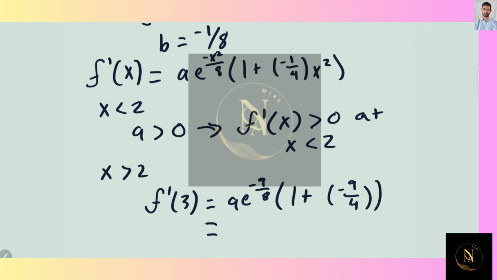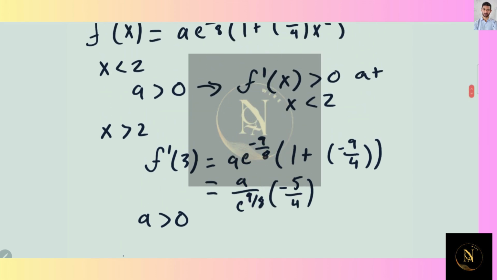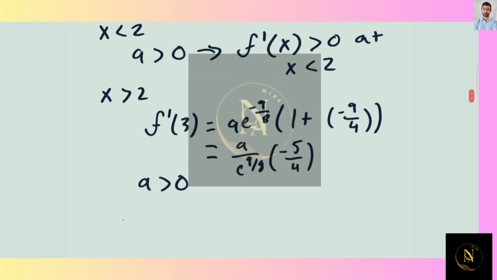Simplifying, this is a over e^(9/8) multiplied by 1 minus 9/4, which is negative 5/4. Again, we need a positive a in order to have a negative derivative for x greater than 2. So we want a greater than 0, which is good. If we needed a less than 0, we would have conflicting conditions and couldn't have a maximum with b equal to negative 1/8. But it is good that a greater than 0 is the condition for both.